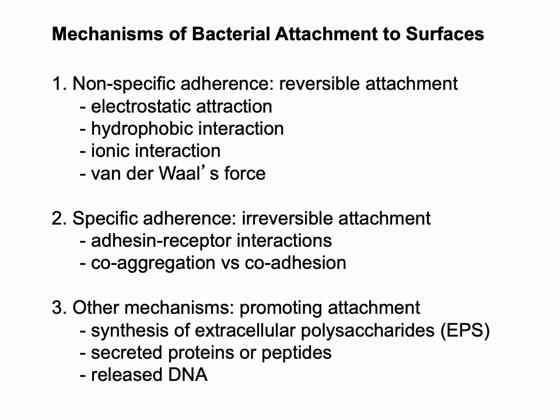Then you have very specific means of adherence. These are irreversible because they involve specific adhesion by recognizing a specific receptor on our body cell, and that provides almost a key and lock interaction, so they're very hard to break. You cannot break them. Then this provides what we call coaggregation and coadhesion.